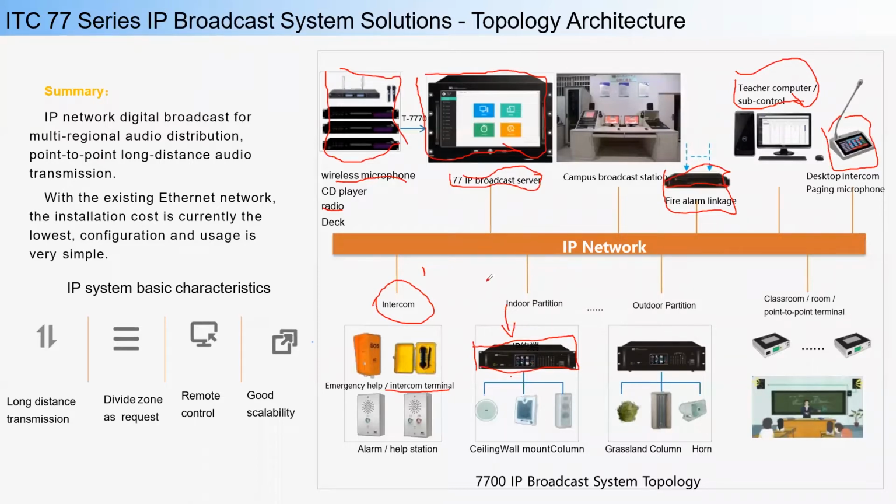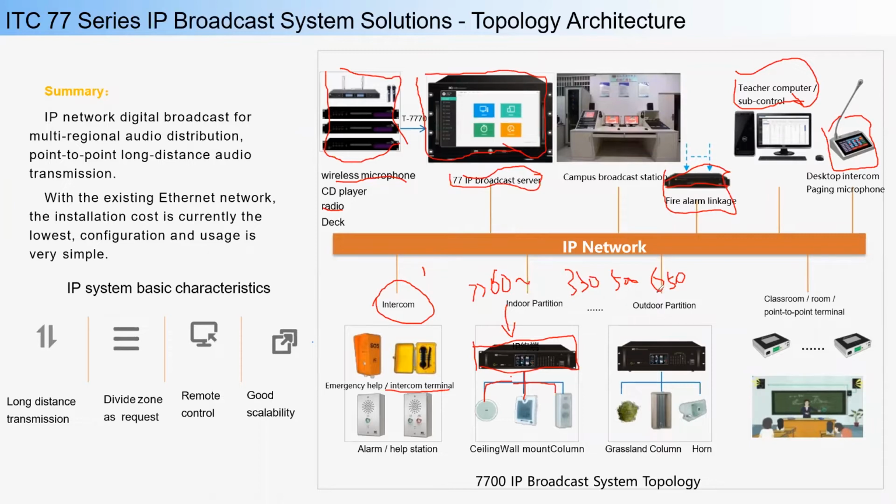We have these models from 7760, which means a built-in amplifier with 60 watts, then 120, 240, 350, 500, and maximum 650 watts. So you can directly connect this kind of terminal to the speakers like this. Each terminal, each amplifier will be one zone.